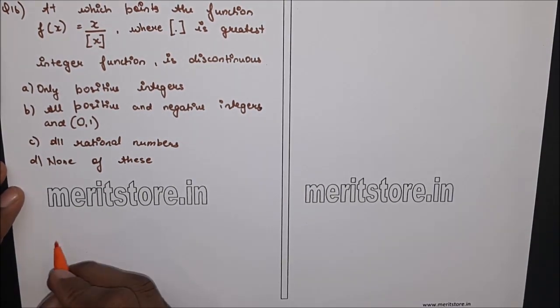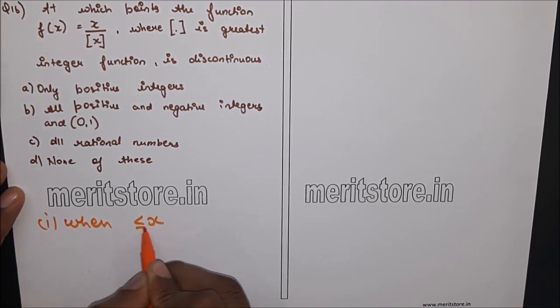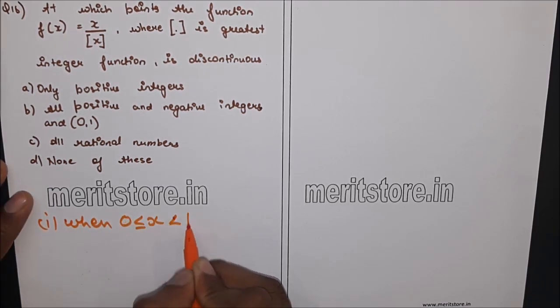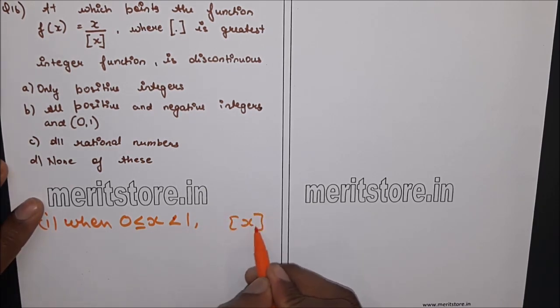For one, when x is greater than or equal to 0 and less than 1, f of x doesn't exist for x is equal to 0.